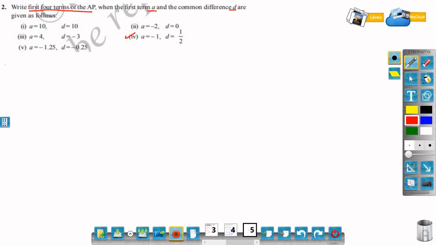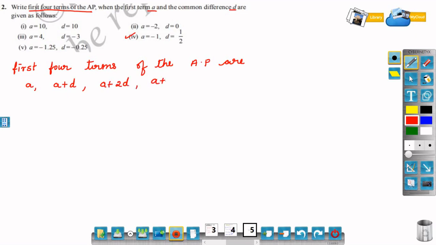You have the general formula of AP. In the general formula of AP, the first 4 terms are A, A plus D, A plus 2D, A plus 3D.